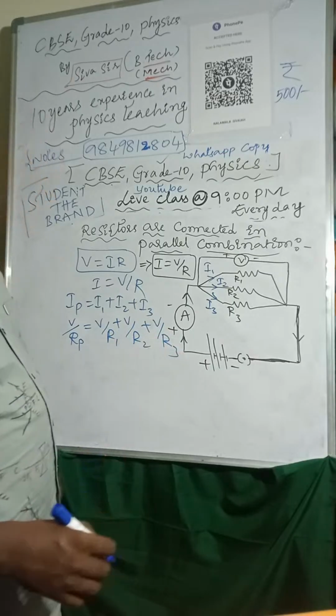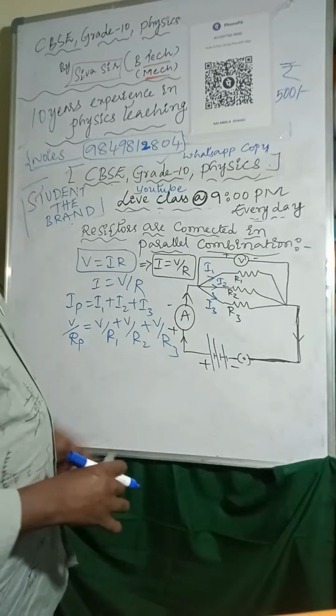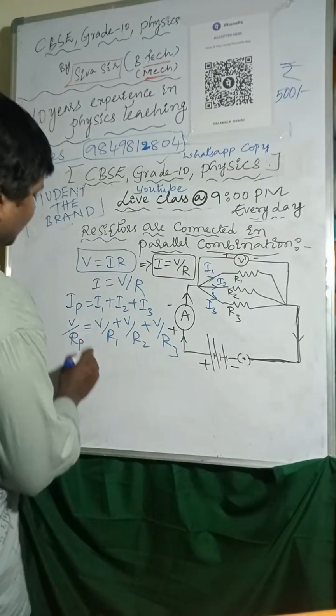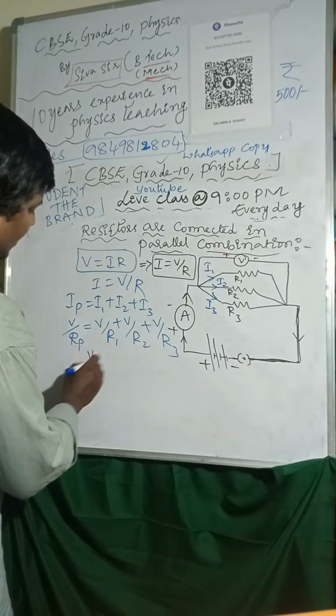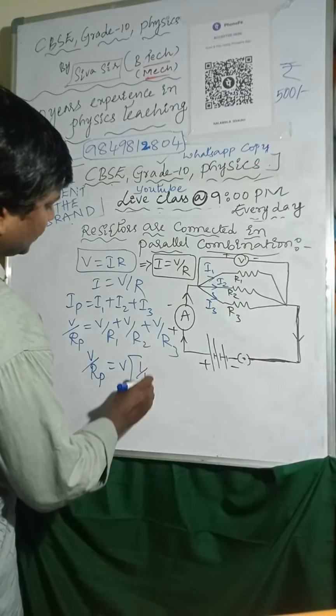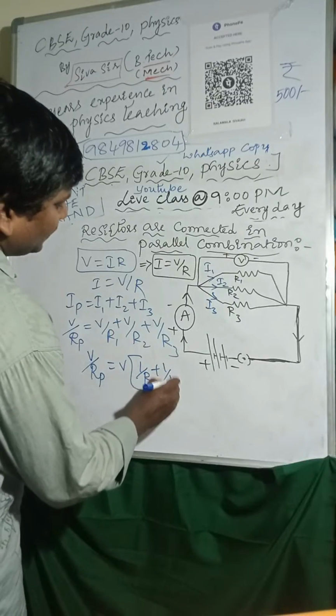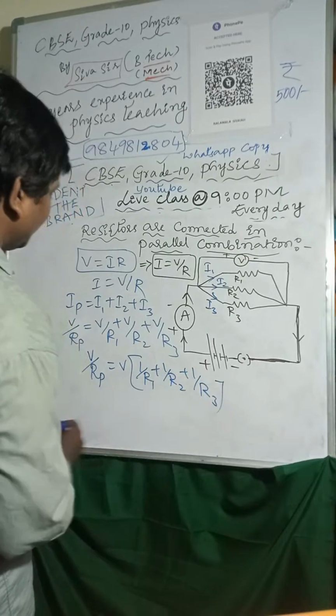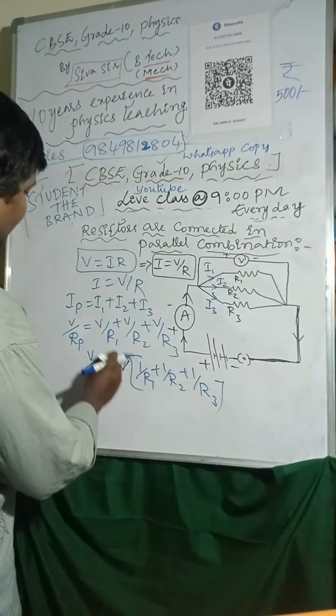You must work out along with me, so note down the points whatever I'm writing on the board. V by RP equal to, V we can take common, so R1 plus R2 plus R3. V gets cancelled.